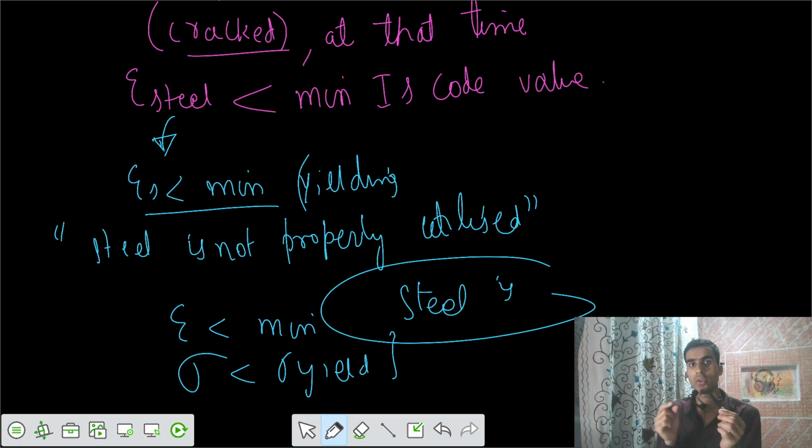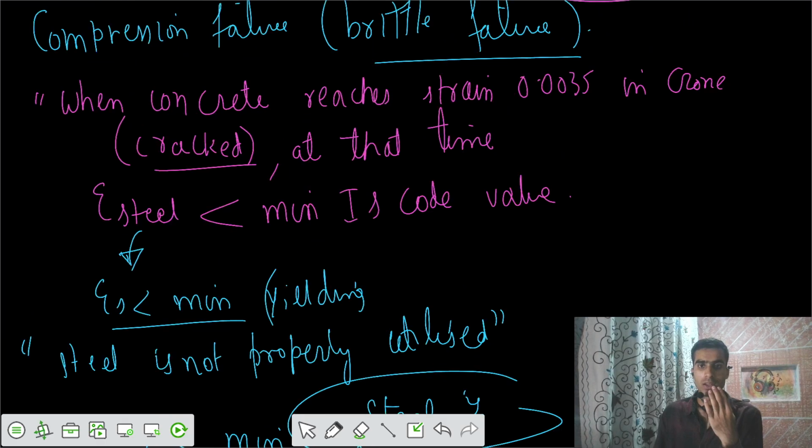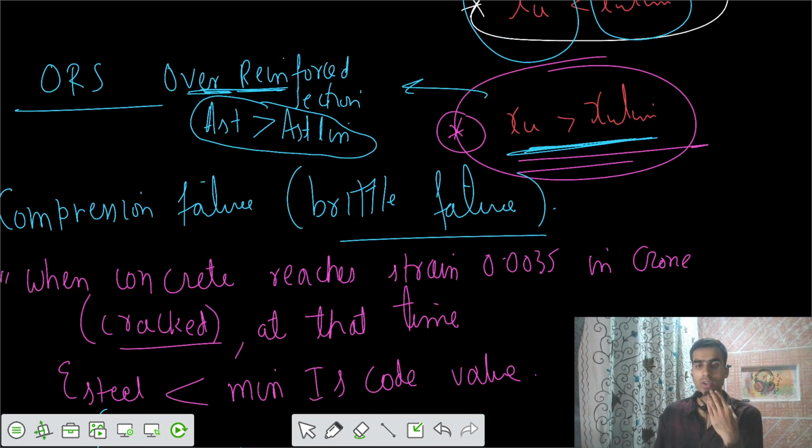You should prefer URS, the under reinforced section, such that when concrete tries to have a strain of 0.0035, strain in steel is more than the minimum value that the IS code prefers, so that steel goes for yielding and the material is utilized properly.